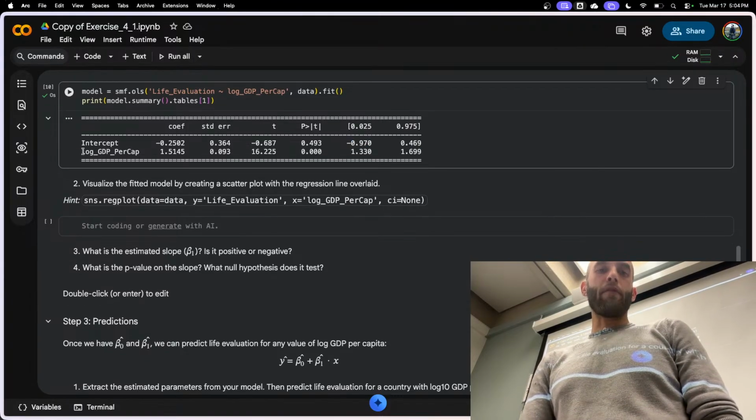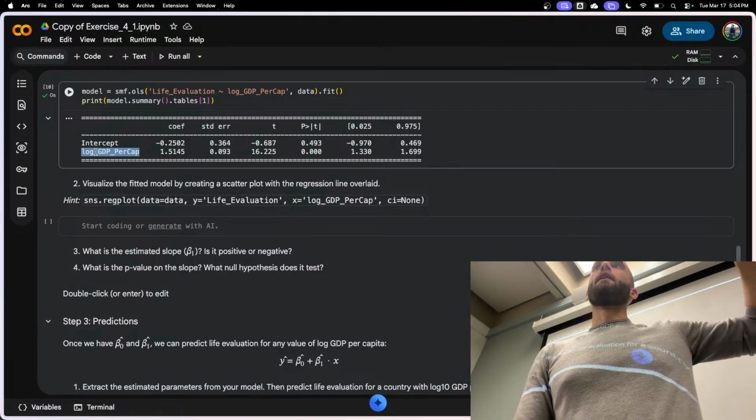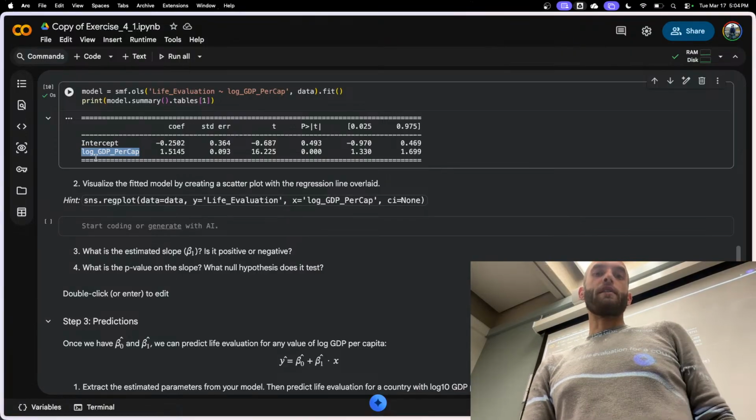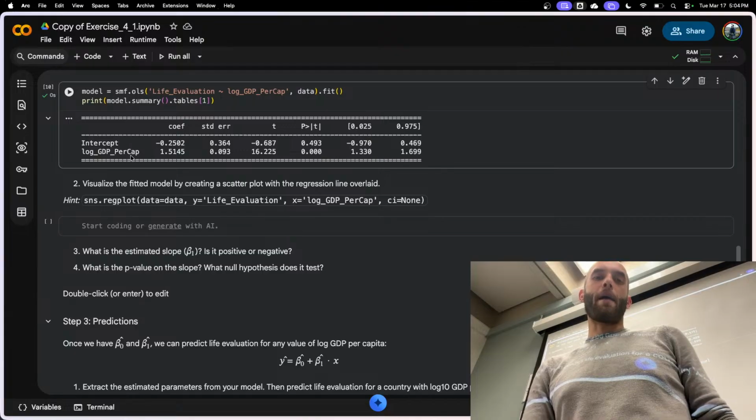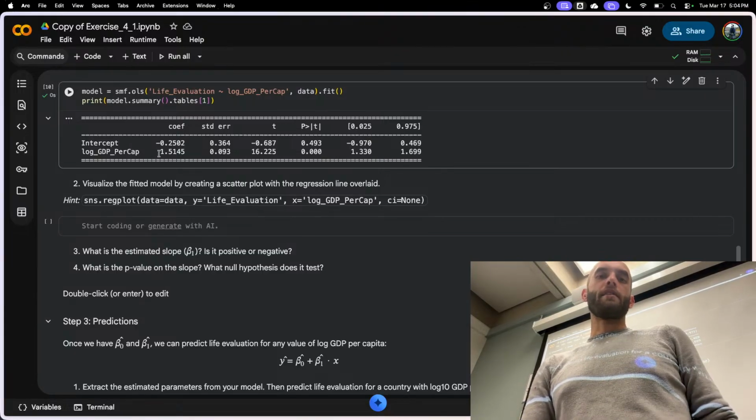The last thing we have is the same statistical output, but for the slope coefficient. So this is log GDP per capita and how it relates to happiness score. This is the coefficient, our estimated beta 1.